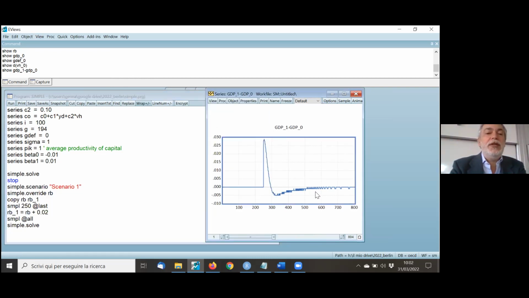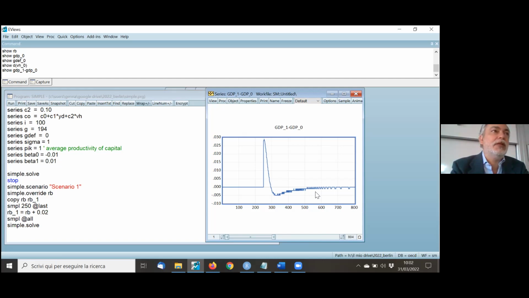So one of the things of these models as we have written them is that, what is the role of interest rates? It's only to create income for the creditors, but you don't have any effect on the debtors.